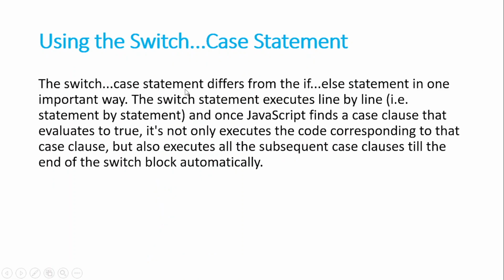The switch case statement differs from the if else statement in one important way. The switch statement executes line by line, statement by statement. Once JavaScript finds a case clause that evaluates true, it not only executes the code corresponding to that clause, but also executes all the subsequent case clauses till the end of the switch block automatically.